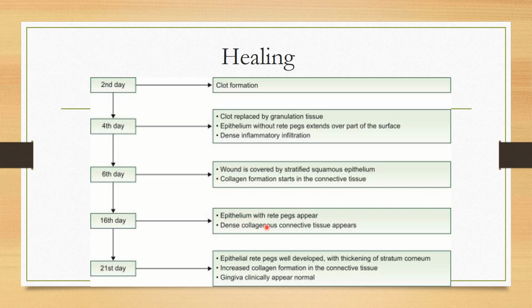Then there will be dense collagenous connective tissue, and by the 21st day the epithelial rete pegs will be well developed with thickening of the stratum corneum, increased collagen formation in the connective tissue, and the gingiva clinically appears normal.